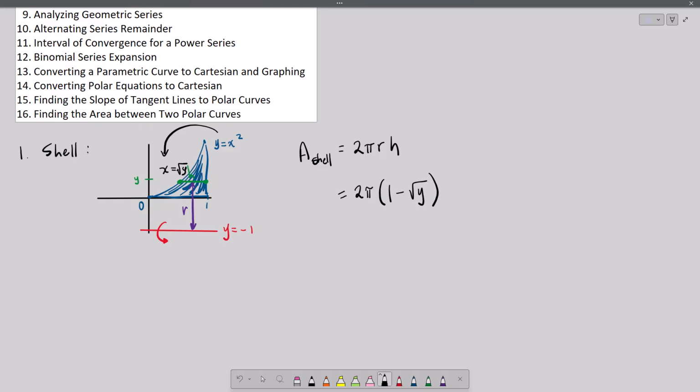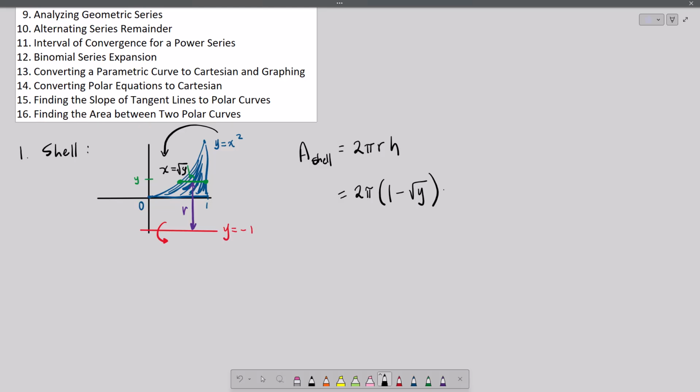Now the radial value, the r, is a vertical distance, so it's top y minus lower y. What's the top y? It's just y. It's generic. That thing can be sliding anywhere between 0 and 1. So the top y is just y.